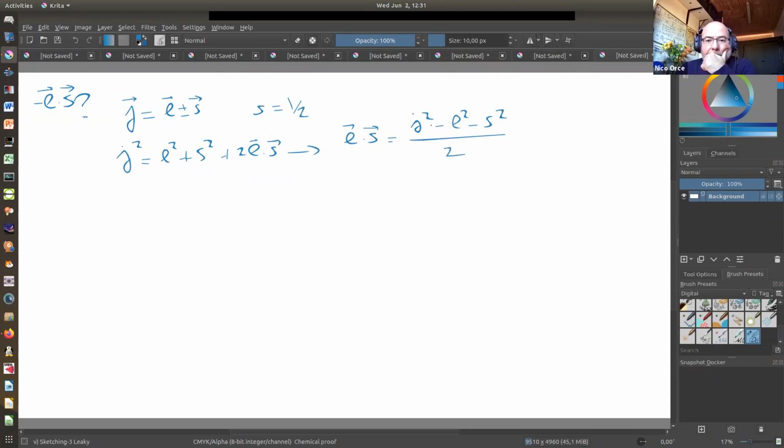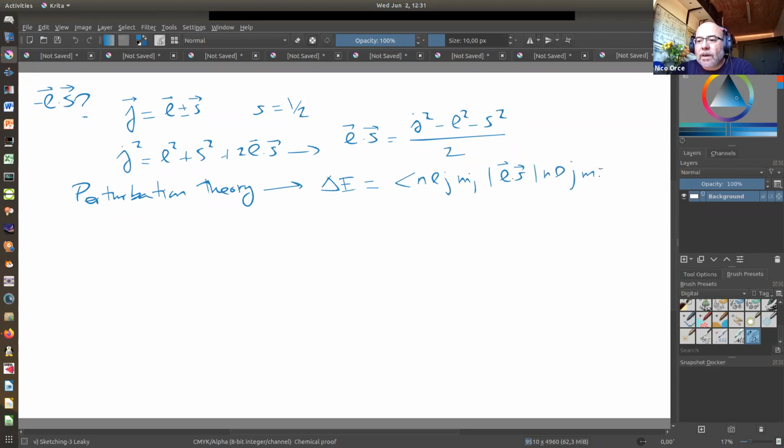And now, according to perturbation theory, the perturbed energy, delta E, the change in the energy, will be equal to the expectation value, in the state n l j m_j, of L dot S, with the bra and ket n l j m_j. Here these are small j's, because we are talking about single particles.